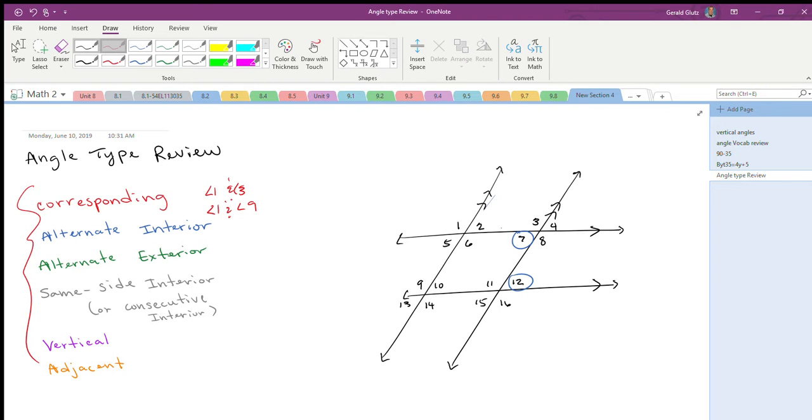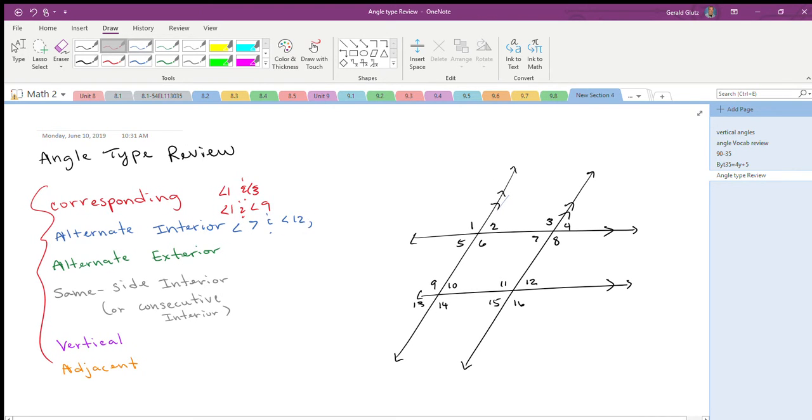They're on alternate sides of the transversal, and then they're both in between those two lines. So I think we said angle 7 and angle 12. And then also angle 10 and angle 15, I think.